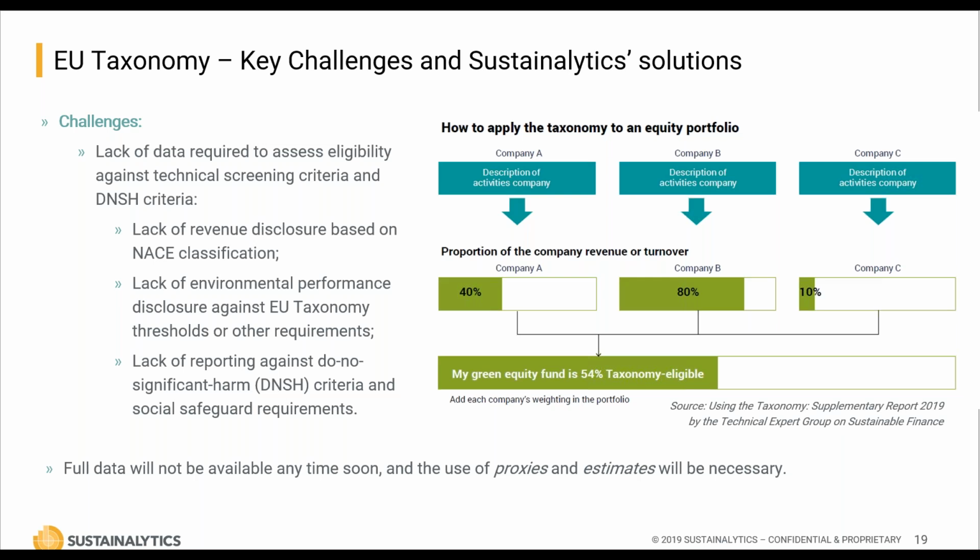Clearly, though, at this stage, a central challenge to using the taxonomy is that current disclosure does not support a full and precise assessment of activities against the taxonomy's criteria. There are some cases in which companies report revenues in a manner that lines up with the taxonomy's requirements and enables a straightforward determination of revenues from taxonomy eligible activities, but not many.